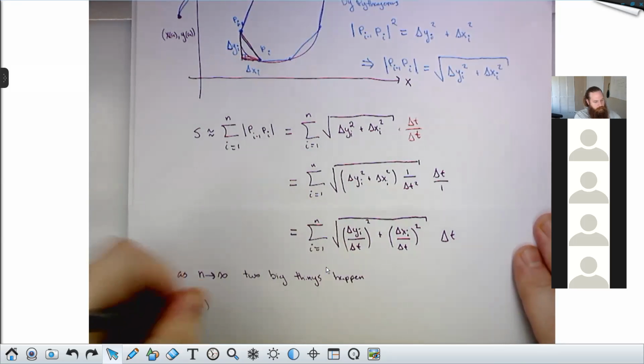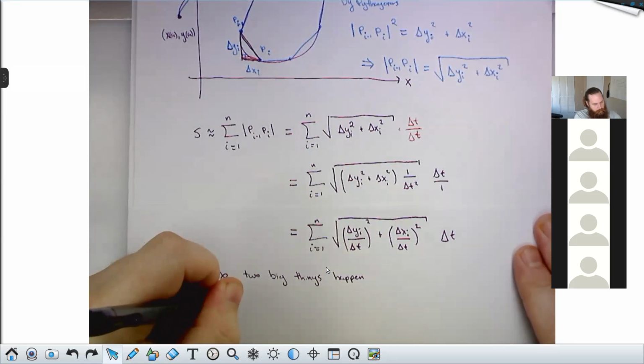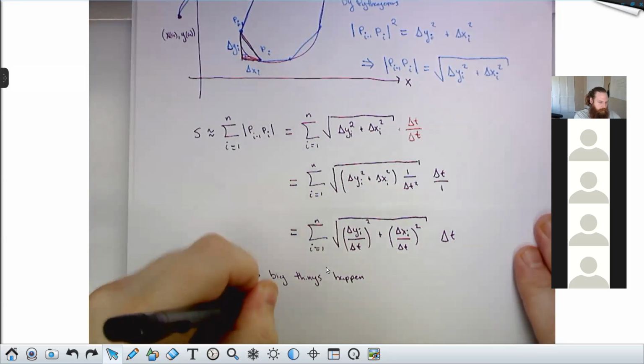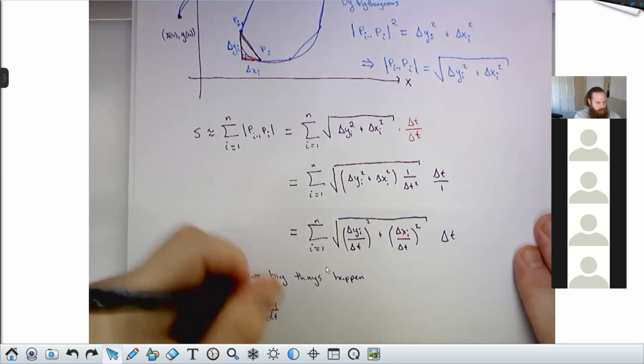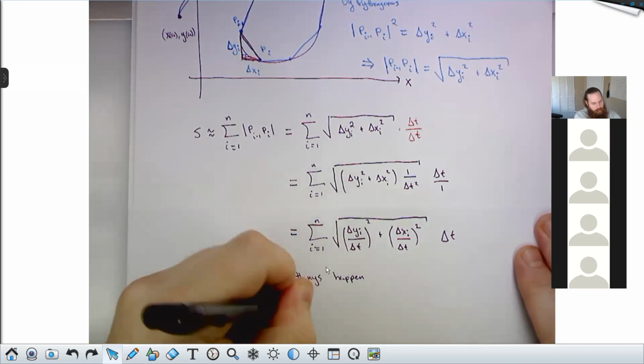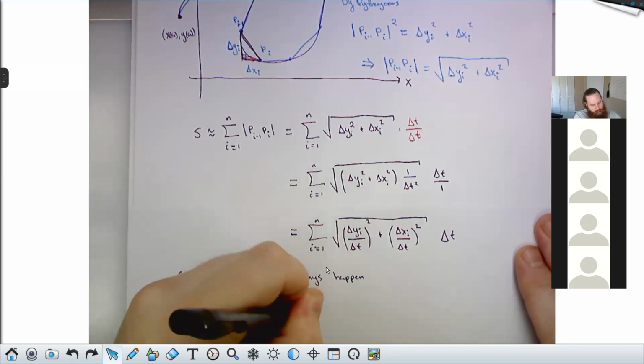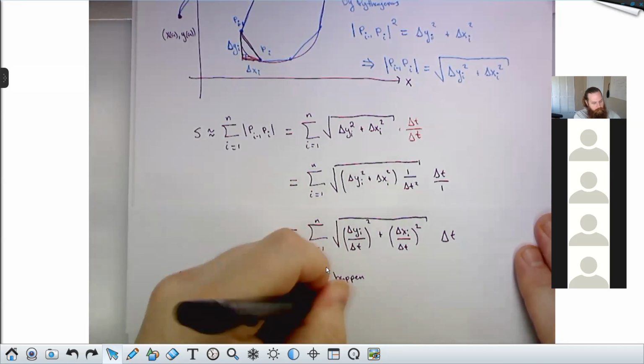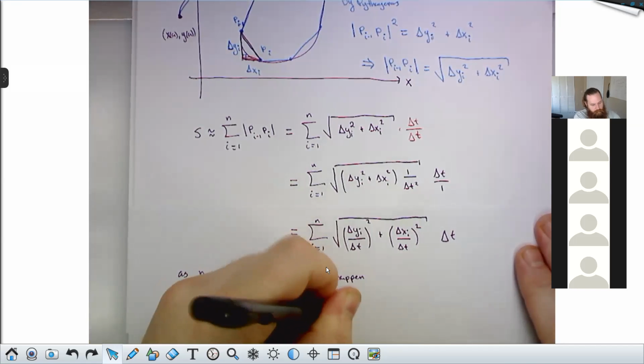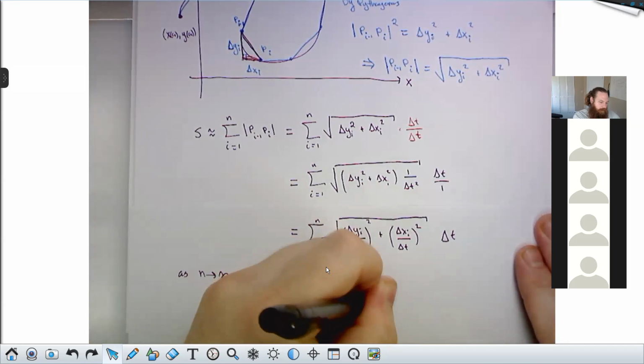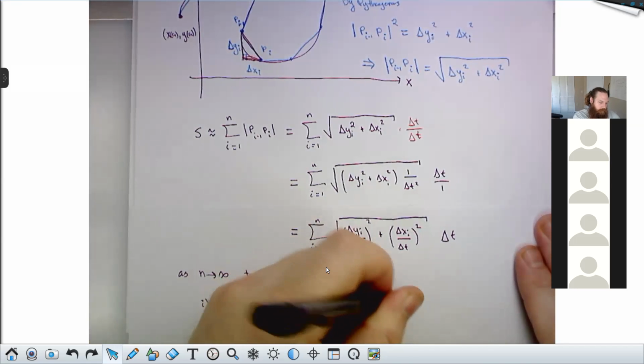The first is that delta y over delta t becomes dy dt. Delta x over delta t becomes dx dt. And delta t on its own becomes dt.